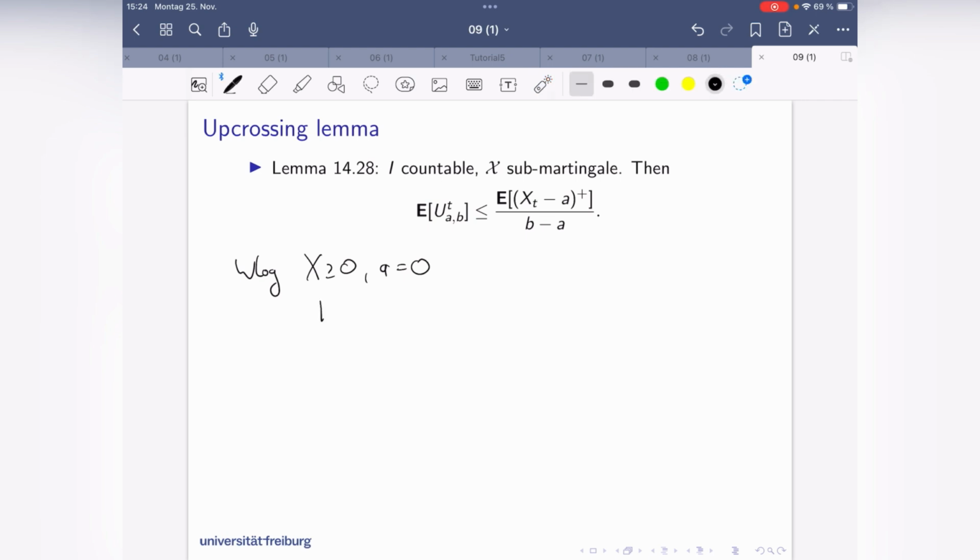I'm defining a process H where H_t is the sum over all k of the indicator that S_k is less than or equal to t, which is less than or equal to T_k. Which means it jumps between 0 and 1, and it's 1 if I'm in such an upcrossing, and it's 0 otherwise.